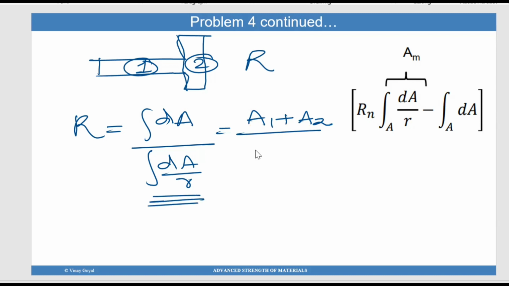So if you look at the first part, Rn is the radius of the neutral axis.